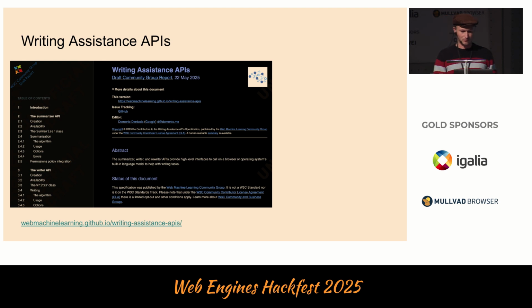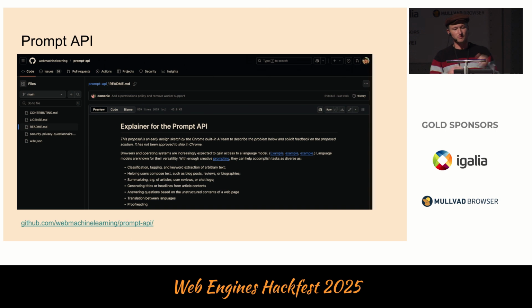So you can already look at those draft specs. And for the prompt API, we are a little bit earlier in the phase of making this something more formal. There we have an explainer so far, so you can check out the explainer. There's no spec draft quite yet.